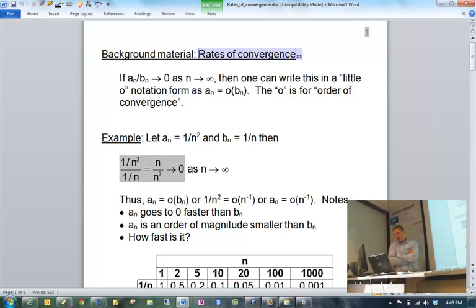Why don't you take out the rate of convergence document. We're not going to spend a whole lot of time on it. It's quite short, and a lot of these things should be familiar. Sometimes in a calculus class you see what's called little o and big O notation. Who has not seen little o and big O notation? So all of you have seen it, so maybe I don't need to do this. Okay, thank you for your courage to say something.